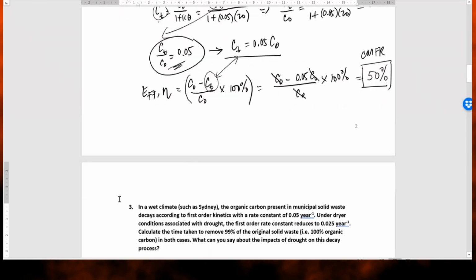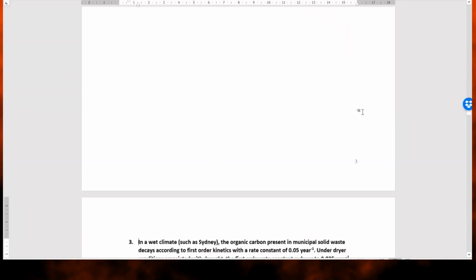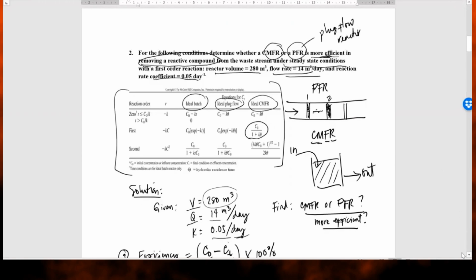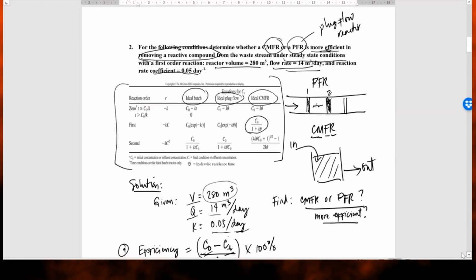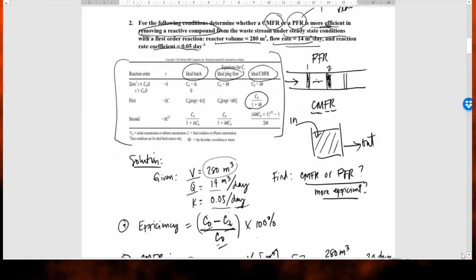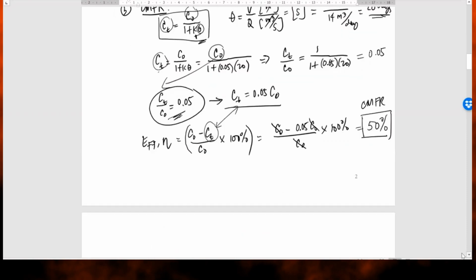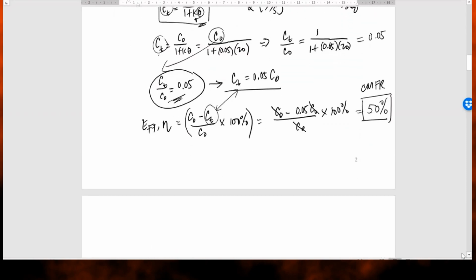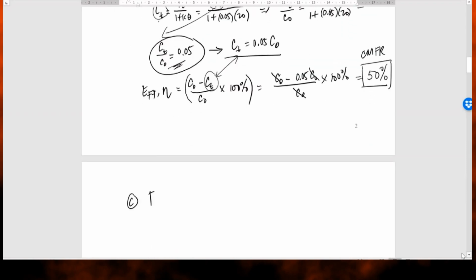I'll make another page. I'll continue with that one. That is for CMFR at 50%. The same way, we can now use it for PFR. We will use the same process, but first we have to identify the equation for PFR.